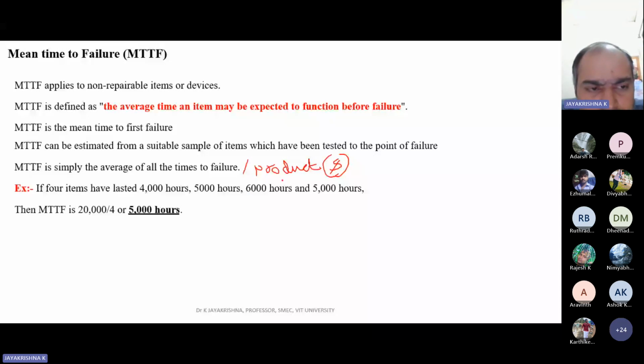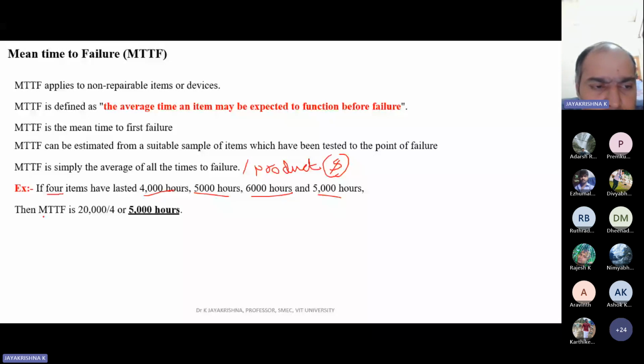It should be the average of all these values. 4,000 plus 5,000, 9,000, 9,000 plus 6,000, 15,000, 15,000 plus 5,000, 20,000. So 20,000 for how many bulbs? For 4 bulbs. So 20,000 hours divided by 4 will give me 5,000 hours.